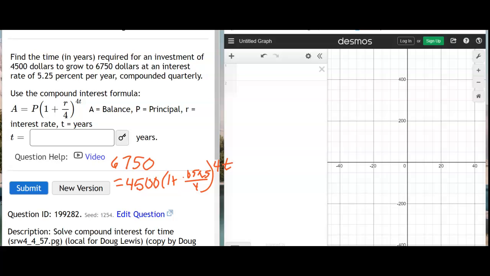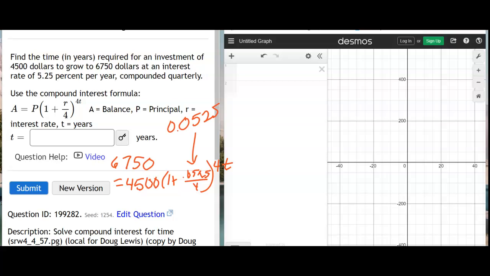That's 0.0525 there. Now, let's put both of those into Desmos.